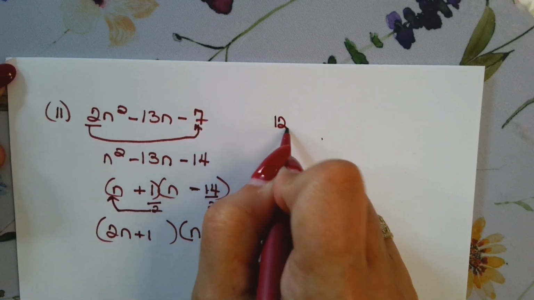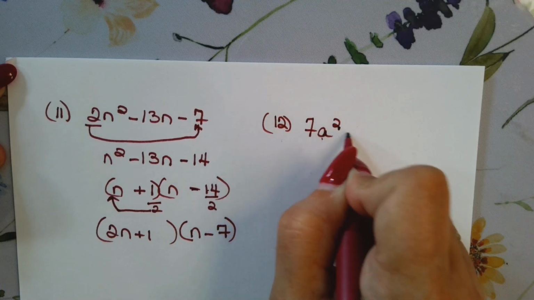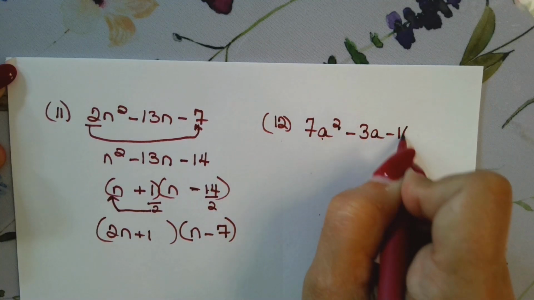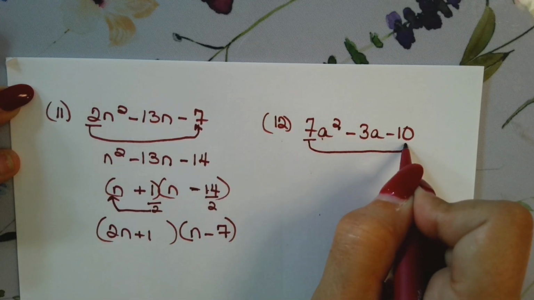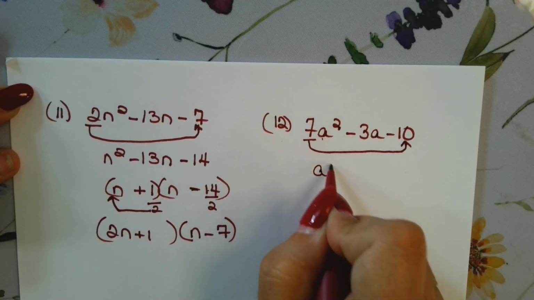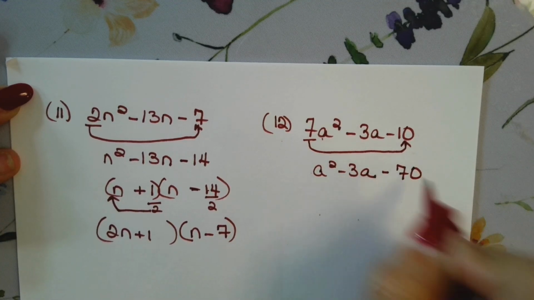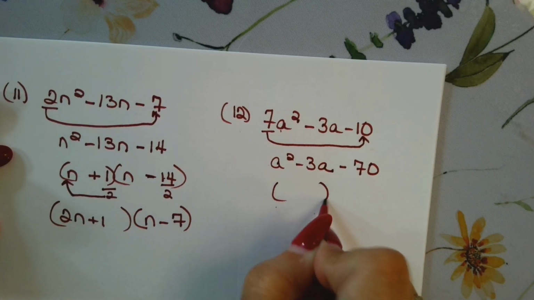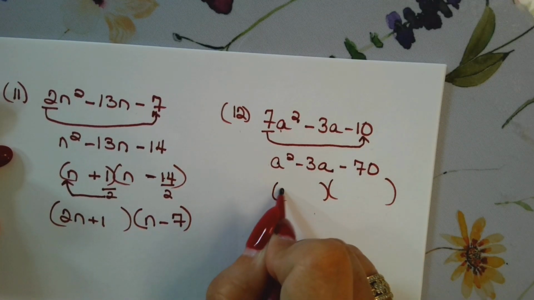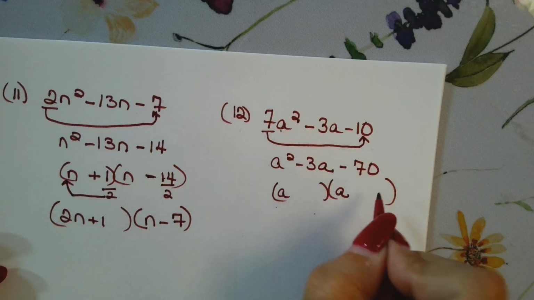Number 12. We have 7a squared minus 3a minus 10. Again, there's no common factor, so I'm going to move the 7 over. A squared minus 3a minus 70. And we're going to go ahead and try to factor this. Now, factors of 70 that give me 3.